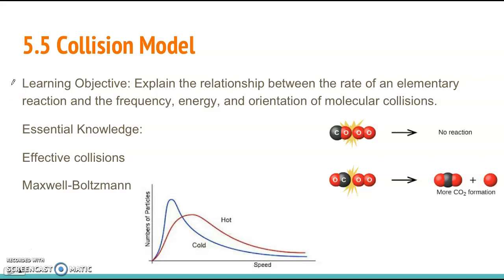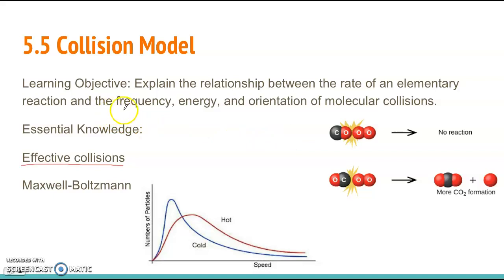Basically, to make a reaction go faster, you want to increase the number of effective collisions. An effective collision is when the colliding particles have enough energy to overcome the activation energy barrier.